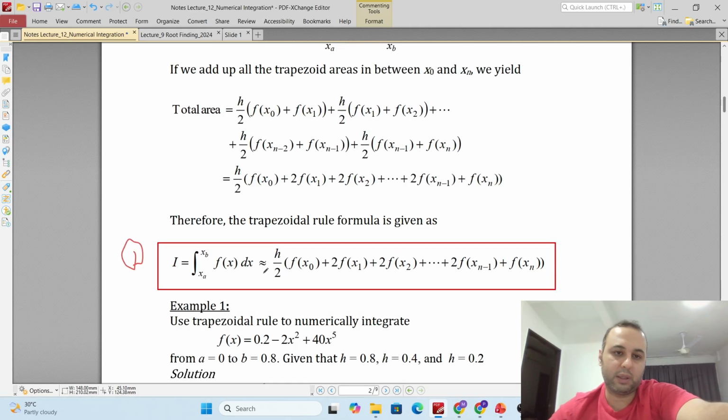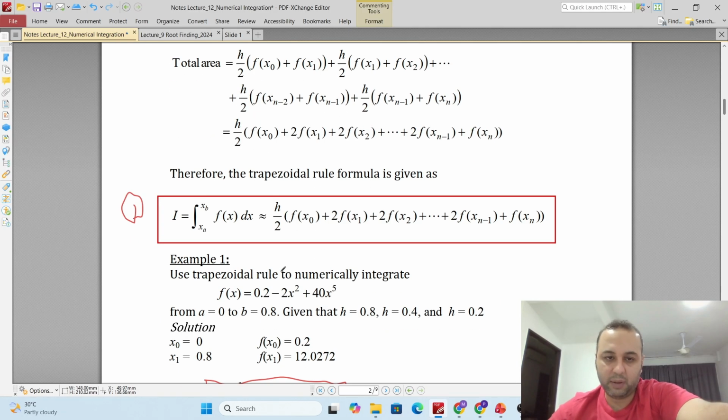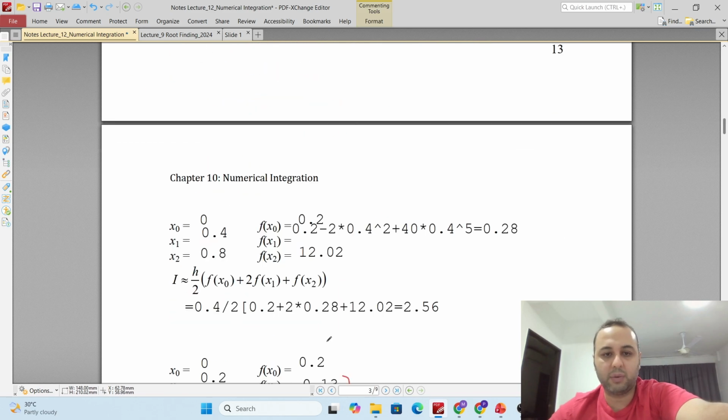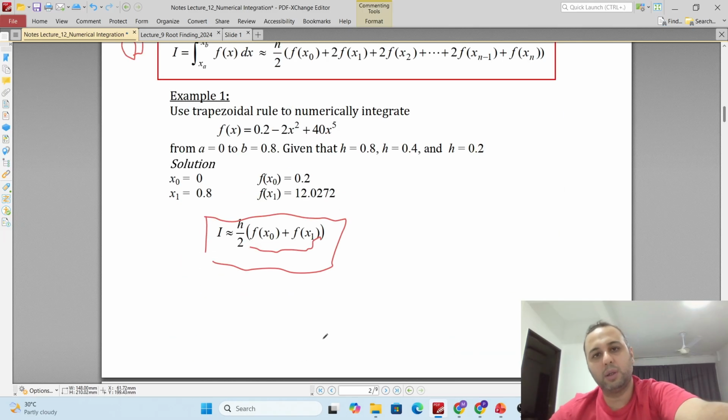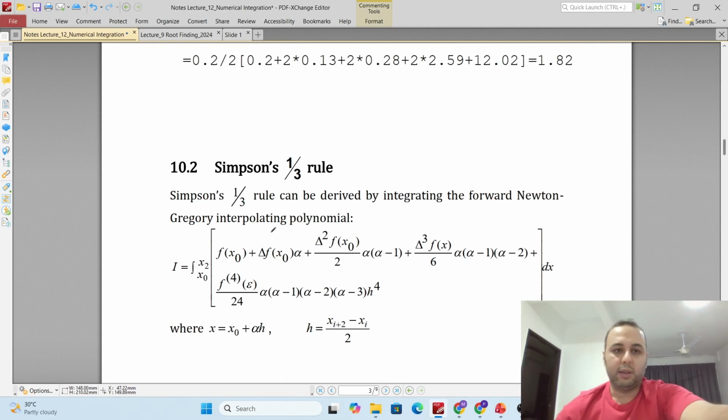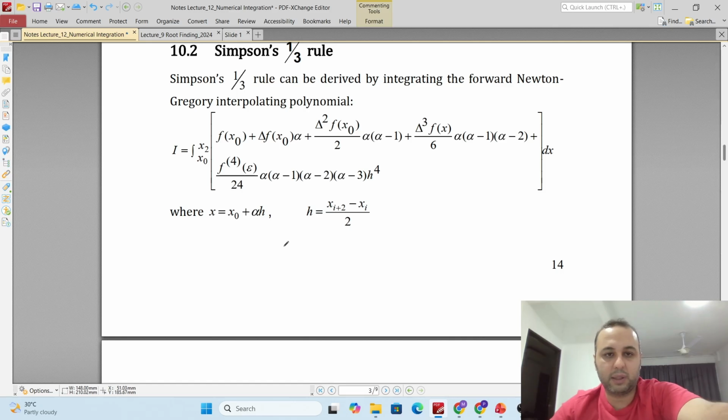Okay, if we divide this into different sections, n sections for instance, and we expand the formula, we expand the area with the sum of each section, we'll reach this formula. With applying this formula, in example 1, we found the numerical integral of this function using the trapezoidal rule. Another method is Simpson's 1/3 rule that we already studied.